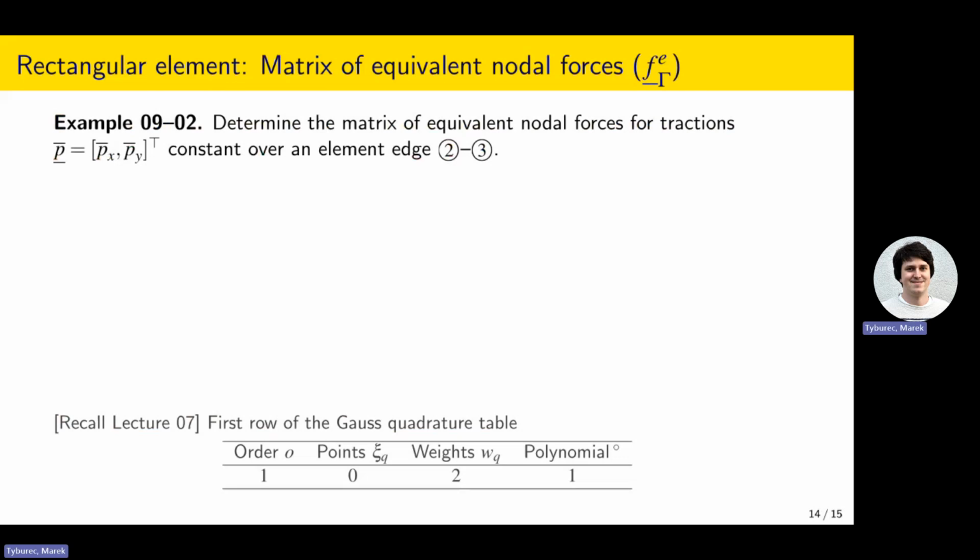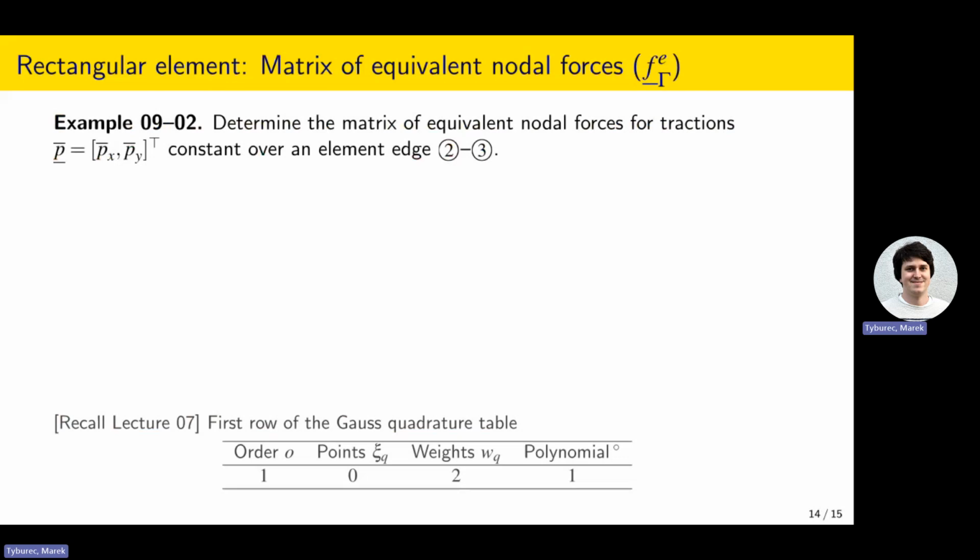So we are in the edge 2-3. So we should be integrating here. Yeah? And that means that edge is defined by x being Lx over 2. So this is constant, so it does not make sense to integrate over it. But we'll be integrating in that direction. So y is now actually an integral from minus Ly over 2 to Ly over 2.